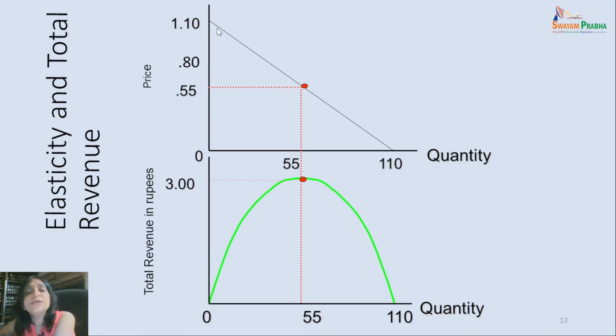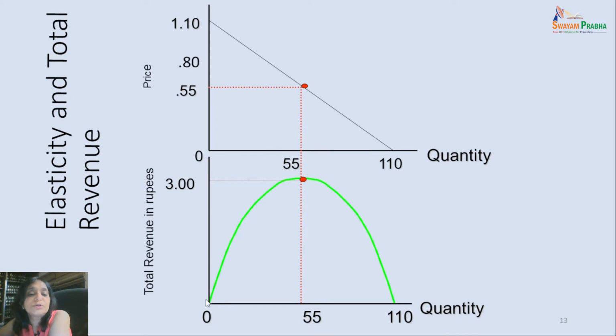The upper figure depicts your demand curve, showing different prices and different quantities. The figure in the lower region of your screen shows your total revenue in rupees, with respect to quantity.